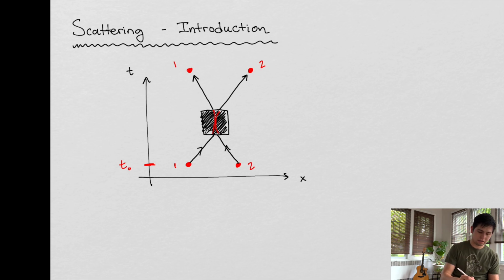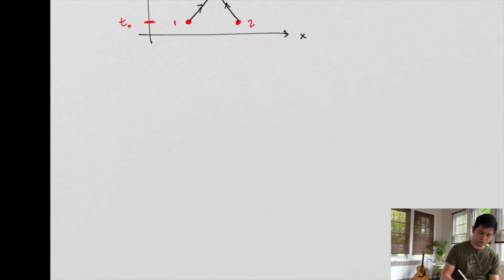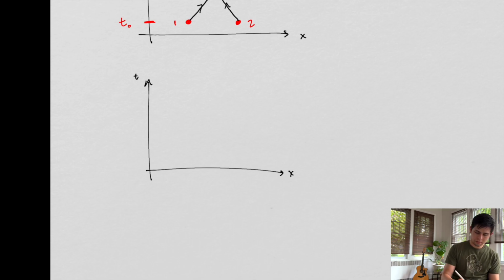We can think of maybe another situation, so I'll draw another situation. With X and T, we have our two particles, and we have our black box, like this.